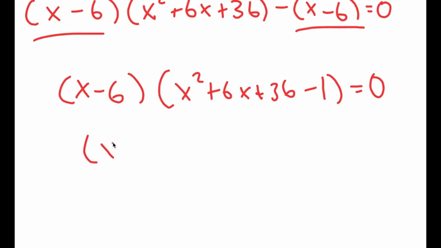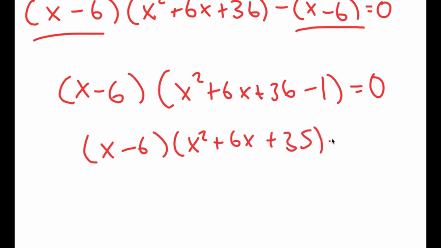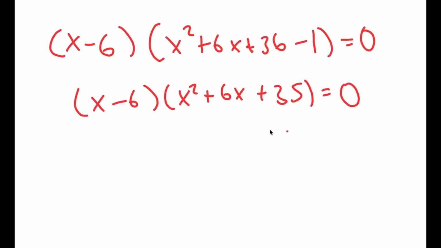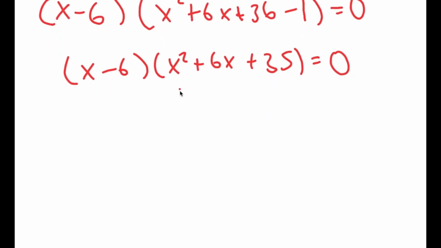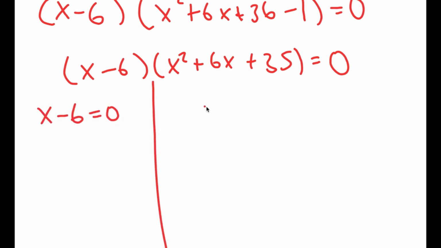And this turns into x minus 6 times x squared plus 6x plus 35 is equal to 0. So now from here, I get two equations. I get x minus 6 is equal to 0, and x squared plus 6x plus 35 is equal to 0.